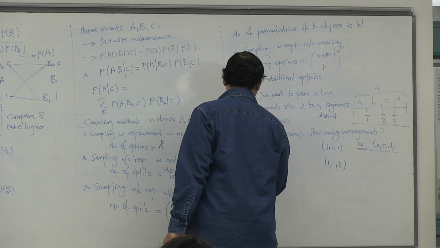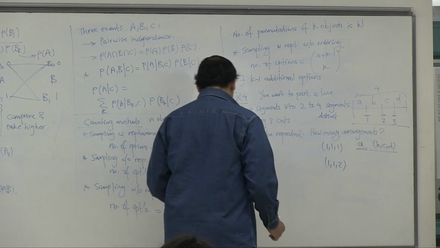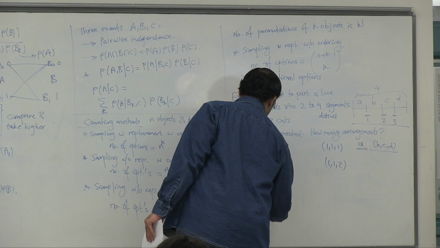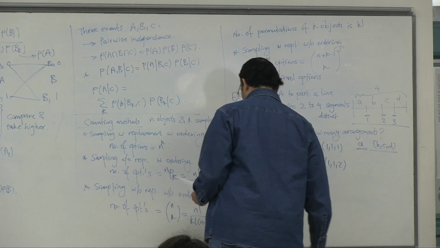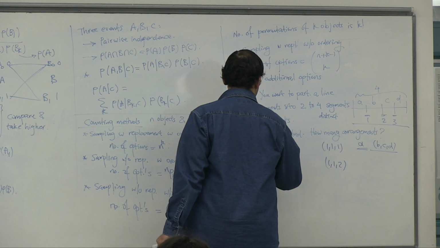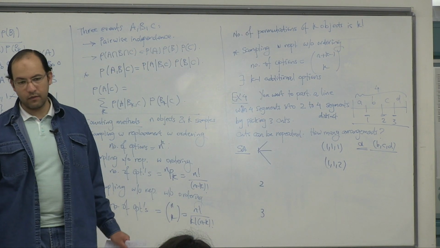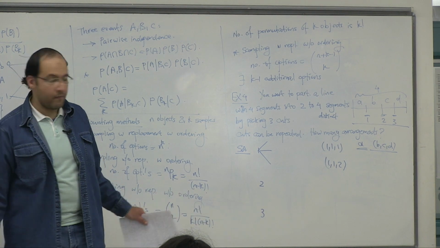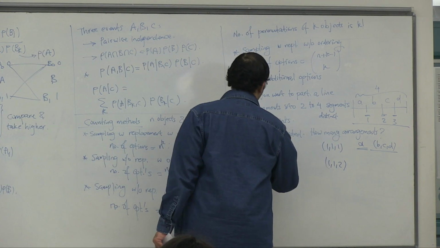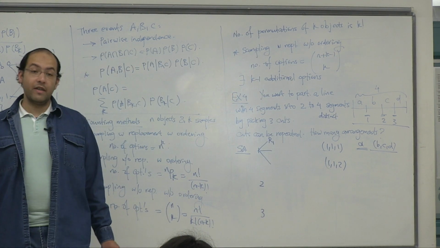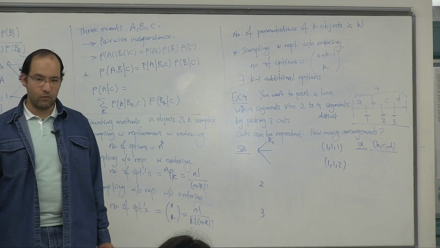So solution, let's do all the possible options. First, you can pick 1 or 2 or 3. If you pick 1, after that, you can pick again 1 or 2 or 3, right? But we will call the 1 1 thing R1, which is repeat the first one, all right?